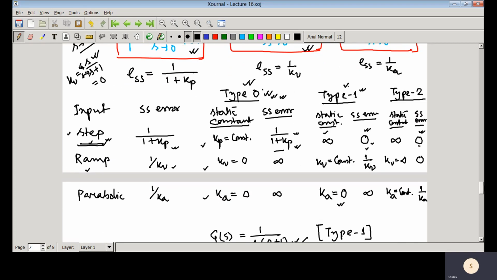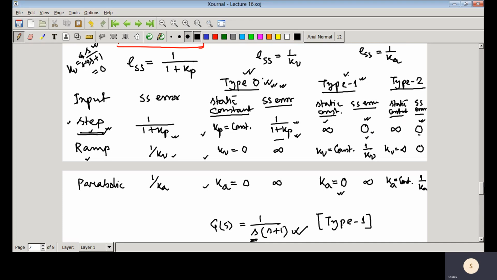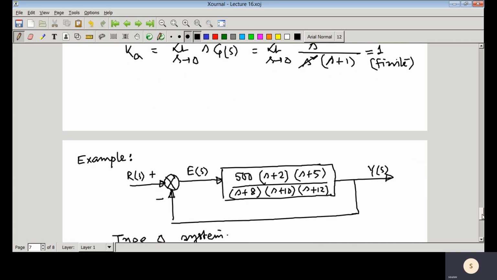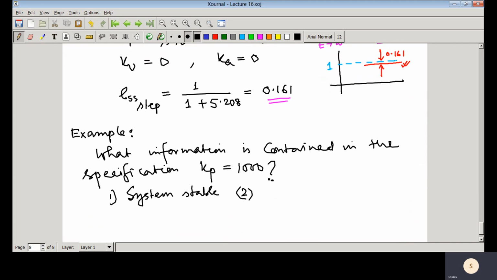Kp is 0 or infinity in other systems, but it is finite whenever it is a type 0 system. As Kp equal to 1000 here, it is clear from this specification that the system is a type 0 system.